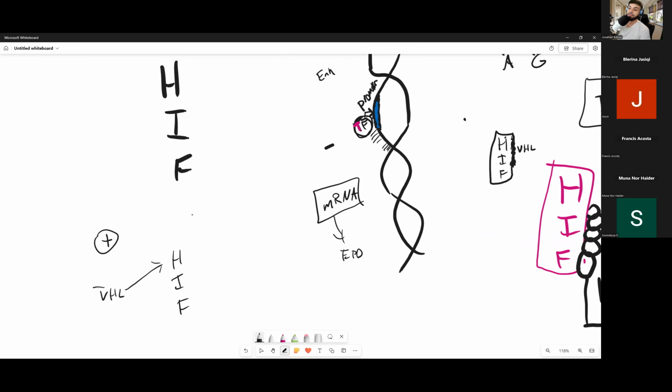It's not allowing HIF to function. Let's say I have two VHL genes, because we're going to have the expression of both of them. They're both going to be expressed, right? If I lose the expression of one, I'm still okay because this is a tumor suppressor. It's stopping the liberation of HIF.